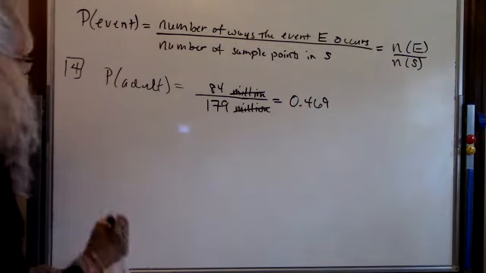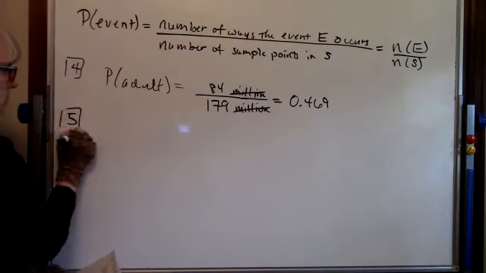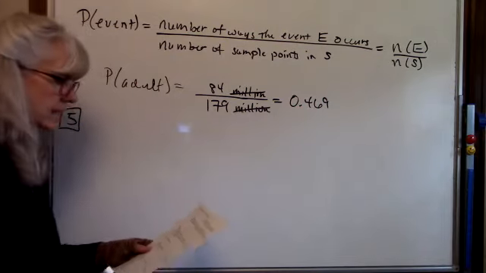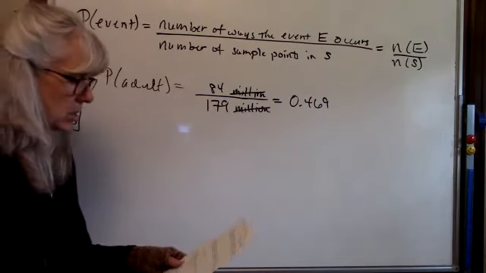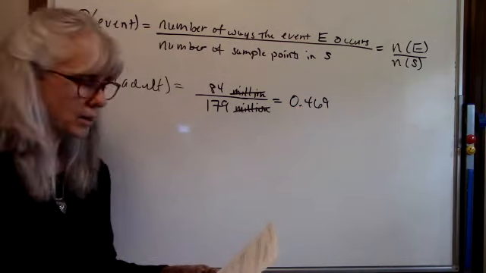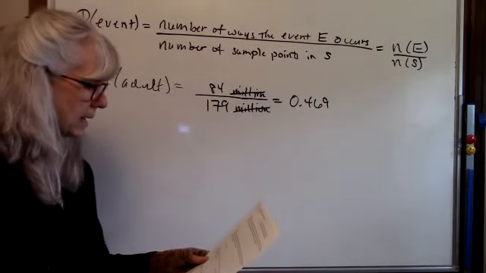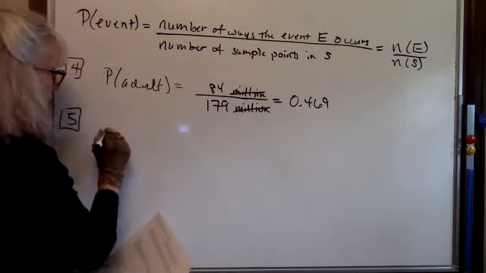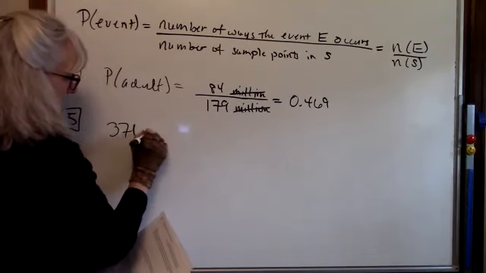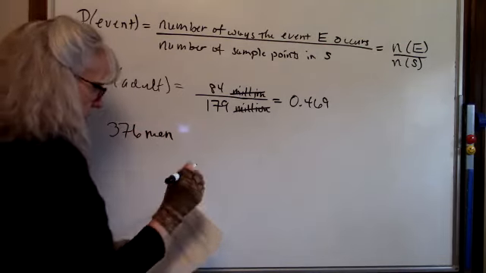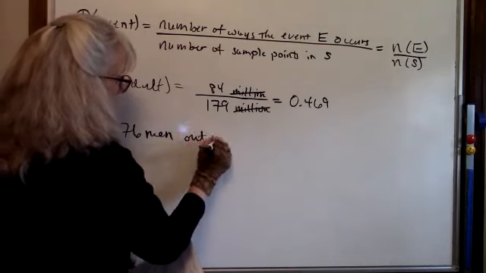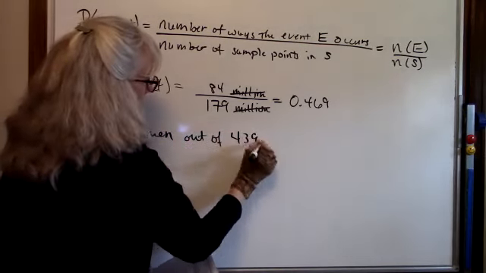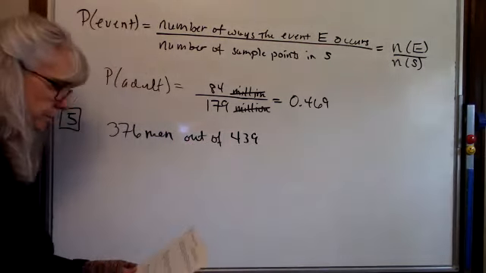Okay, let's try one more on this part of the videos. According to the data obtained by the National Weather Service, 376 of the 439 people killed by lightning were men. So 376 men, out of 439 that were killed by lightning.